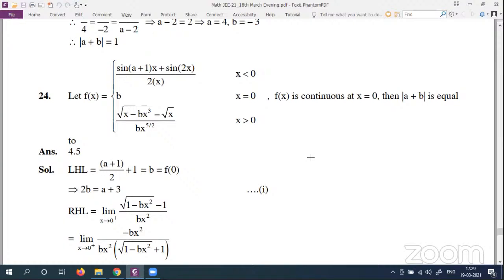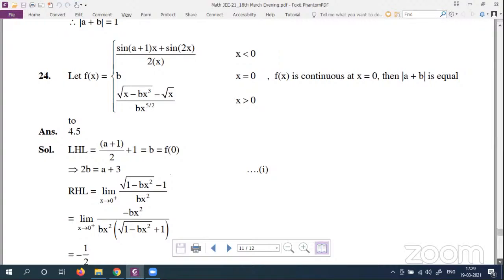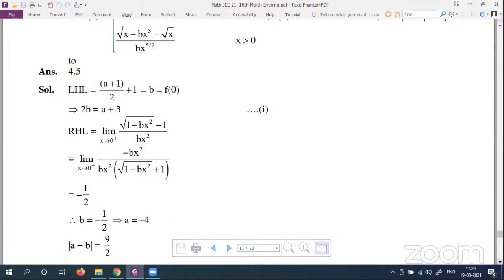So equating the left hand limit, right hand limit, and the value of the function at that point, we get two equations in terms of A and B. So solving those two equations, we can get the values of A and B. So we get A is equal to -4 and B is equal to -1/2.